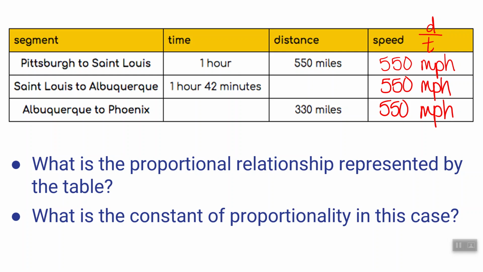Now what makes this tricky is that we need to convert 1 hour and 42 minutes into a decimal, and it's not 1.42. 42 minutes is out of 60. So if in your calculator you do 42 divided by 60, that's the same as 0.7, so 1.7 hours.